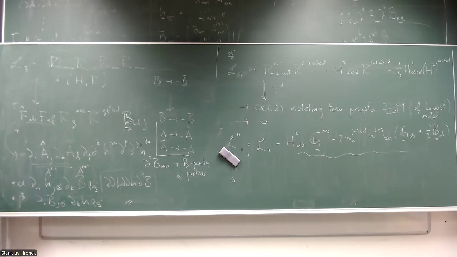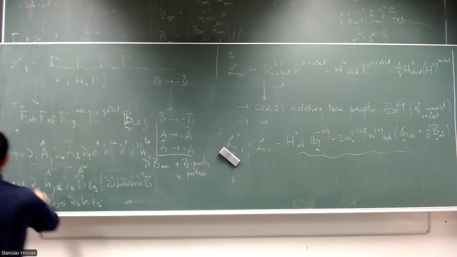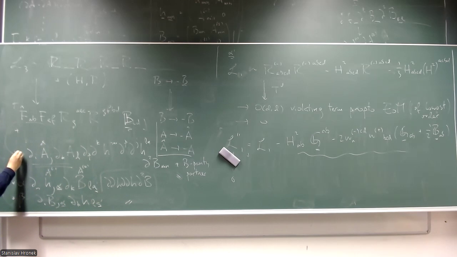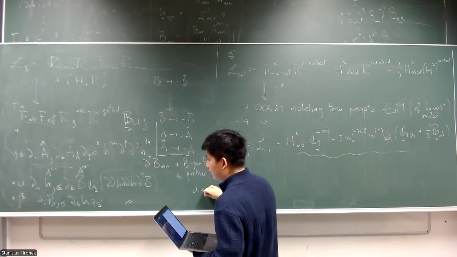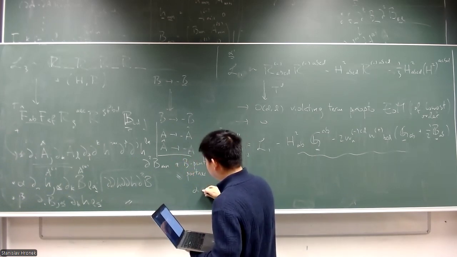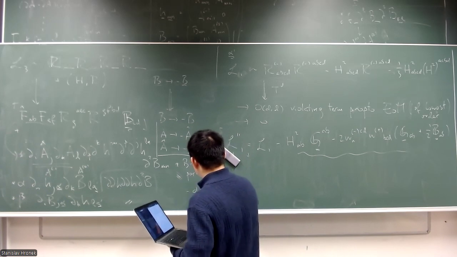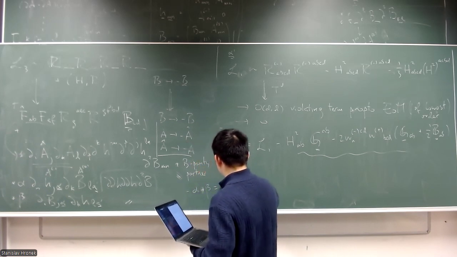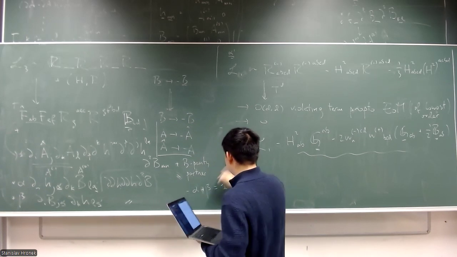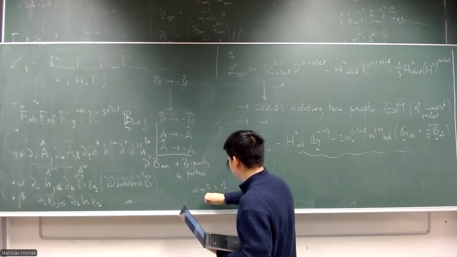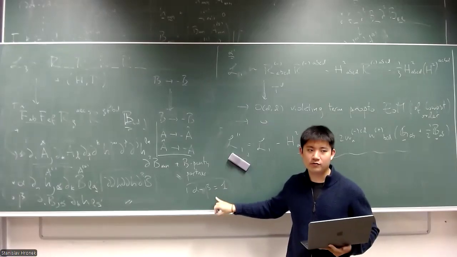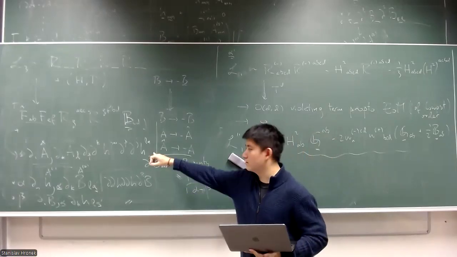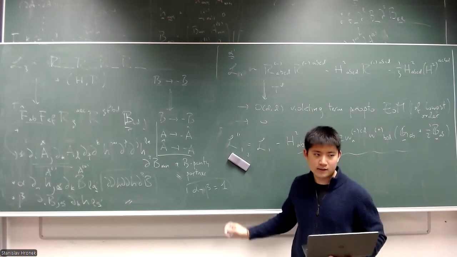Let's say this one has some coefficient, say 1. Then if I choose some specific alpha, specific beta, it will give me some overall coefficient and cancel that term. That's the strategy.